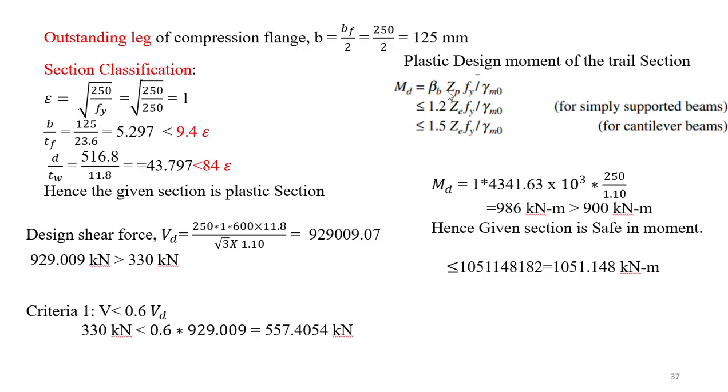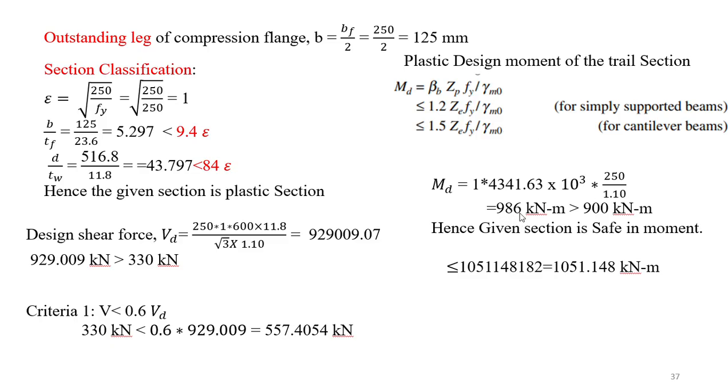MD we have to find like this, and it should be less than or equal to 1.2 into ZE into Fy by gamma m naught, for a simply supported beam. We have taken a simply supported beam here, so for that case we have to check. Whereas for MD, beta B for a plastic section is given as 1, and 4341.63 into 10 to the power of 3 is the plastic section modulus of the given section, into 250 by 1.1, which is Fy by gamma m naught.